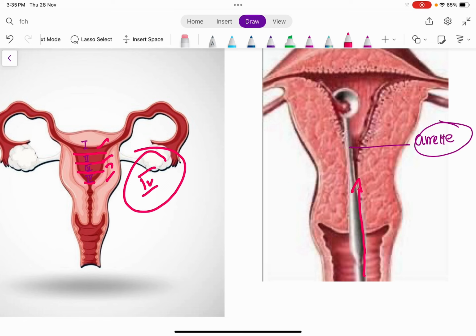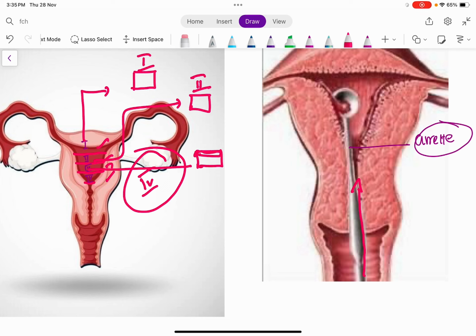Let's say the tissue sample scraped from the first fraction has to be put in a separate container labeled as 1, and the second sample in a separate container labeled as 2. The third fraction has to be placed in a separate sealed container labeled as 3, and the fourth fraction in a separate sealed and labeled container labeled as 4.